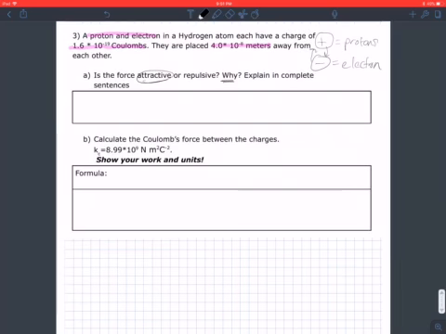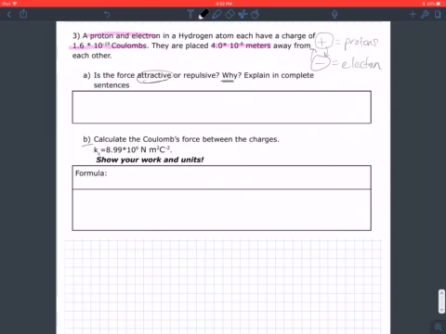For the calculation for B, we have to calculate the Coulomb's force between the charges. This is the electrostatic force that those charges are experiencing, that push or that pull.